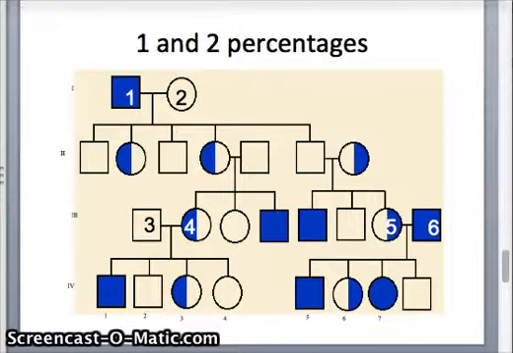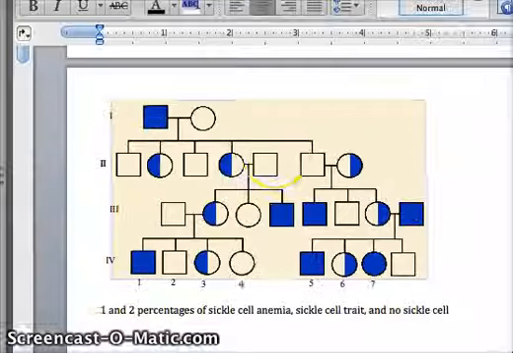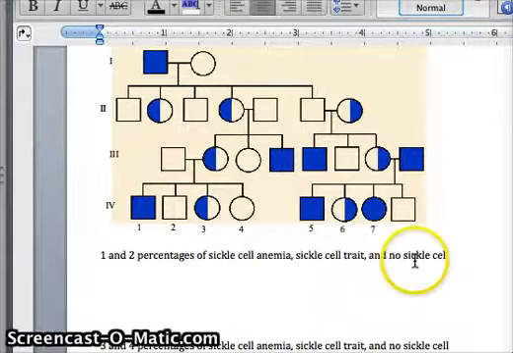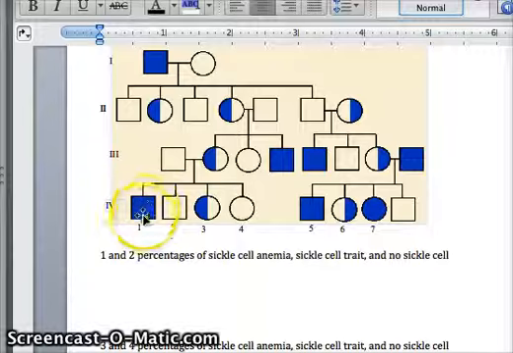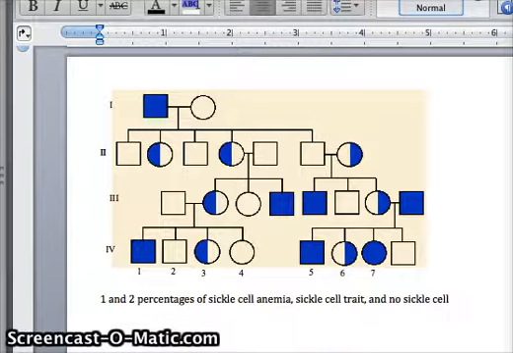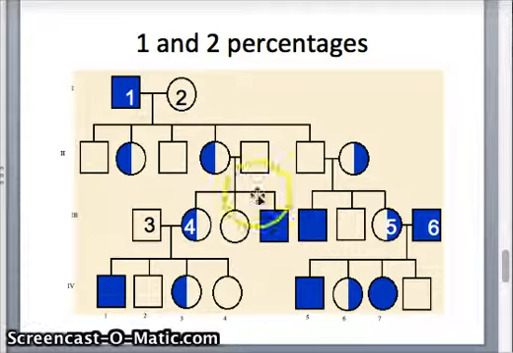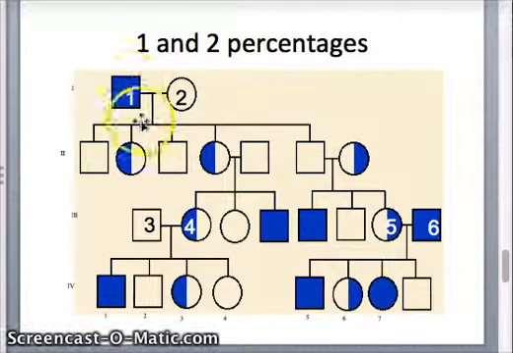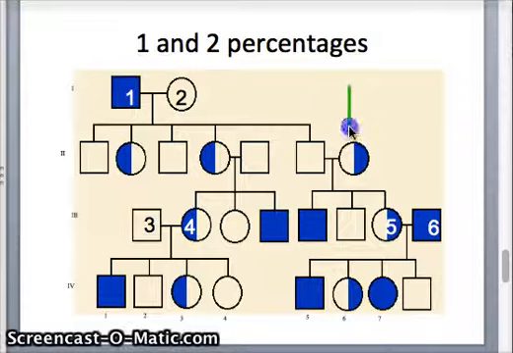So what we're going to do is find 1 and 2, the percentages of sickle cell trait, and no sickle cell. So let's look at 1 and 2. Well, your sheet doesn't have my letters on it. Alright, so 1 and 2 are up here, these two. Alright, so 1 is little r, little r. So we're going to make a Punnett square.